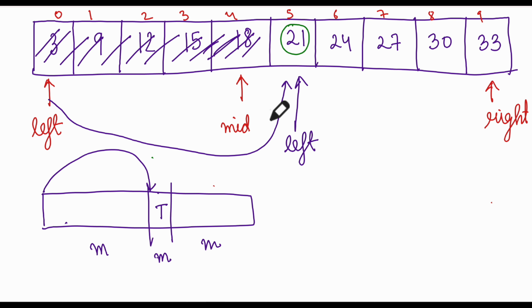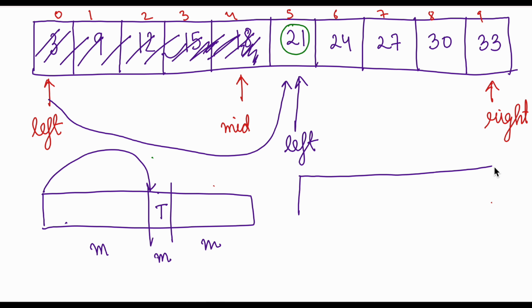Whenever my mid element is to the left of my target, I will move my left pointer to the immediate right of the midpoint, because I am sure that I cannot find my target in this area. So this is my new search domain, and I will repeat the whole activity once again.